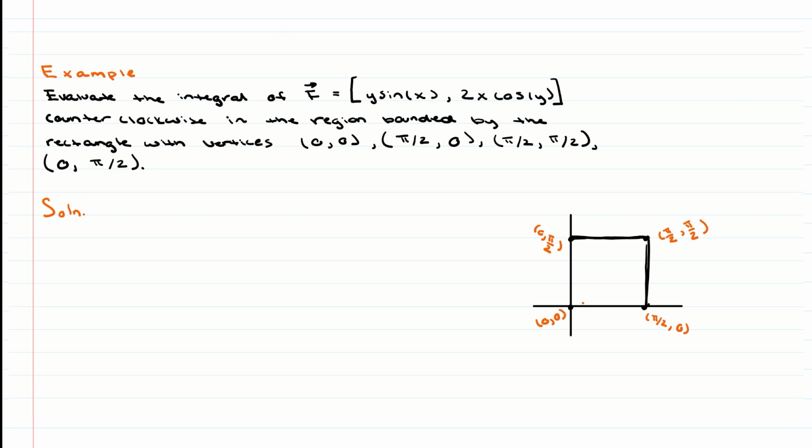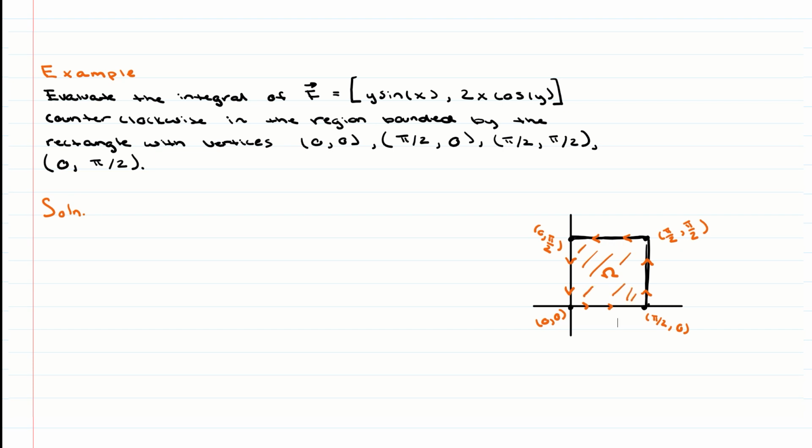Also note this is counterclockwise. And again, Green's theorem says that the integral over the closed curve itself equals the double integral over omega, which is the space inside of the curve.